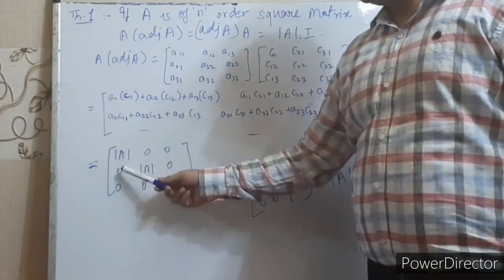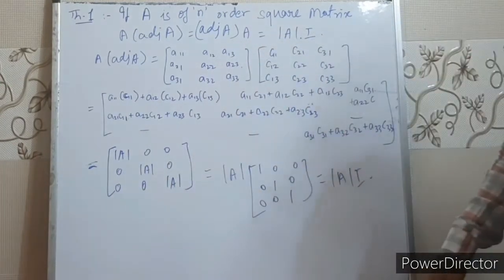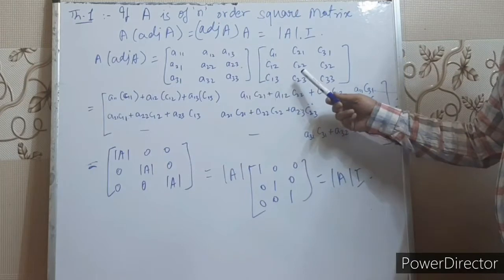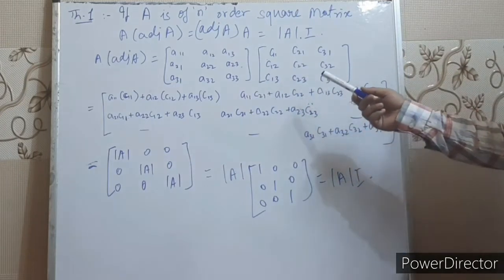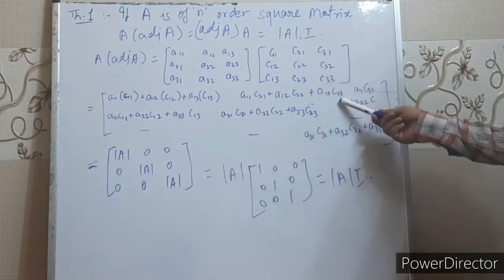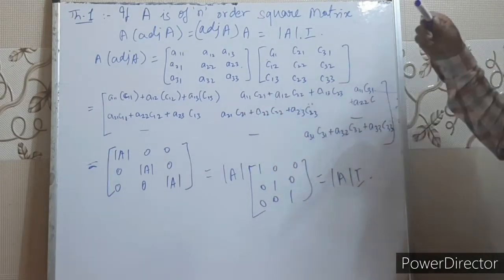And if any row or any column is multiplied with the corresponding cofactors of any other row or any other column, then that will be 0. This we have already discussed.